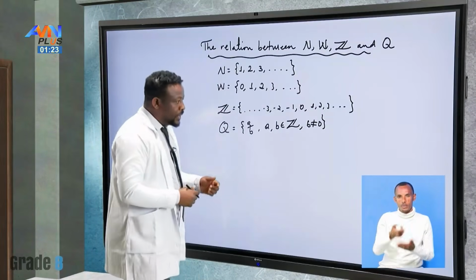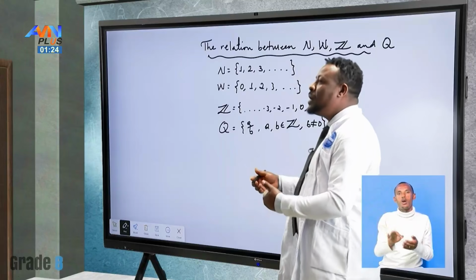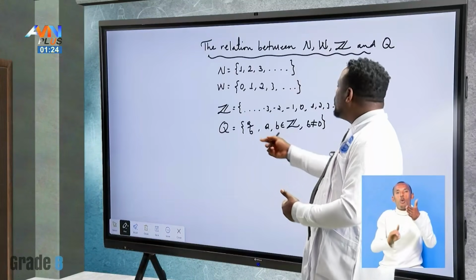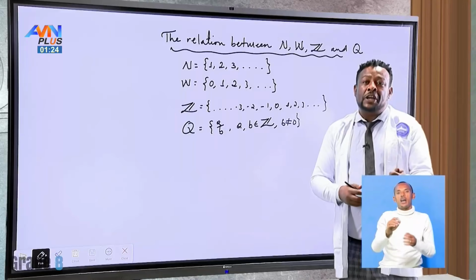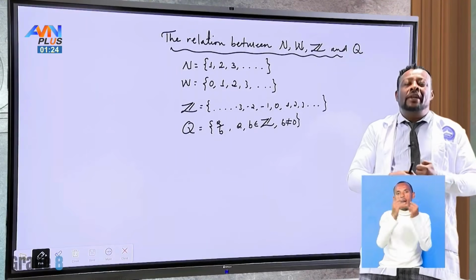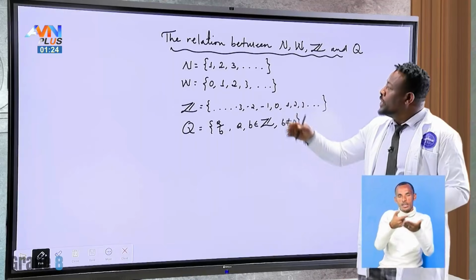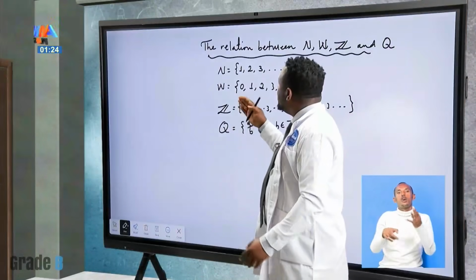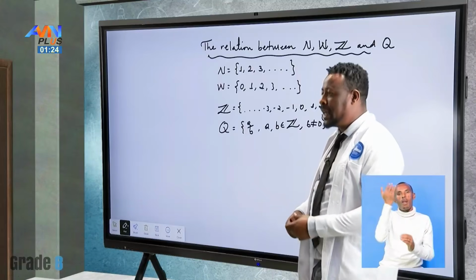The number written in the denominator should be different from 0, otherwise the fraction A over B will not be defined, right? So these are the four different sets of numbers that we have seen in our previous class.